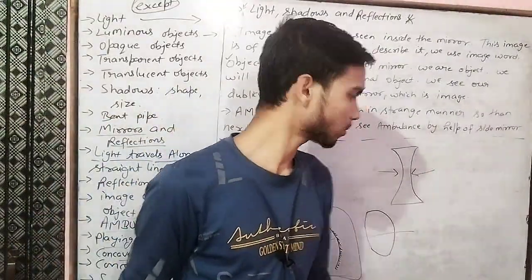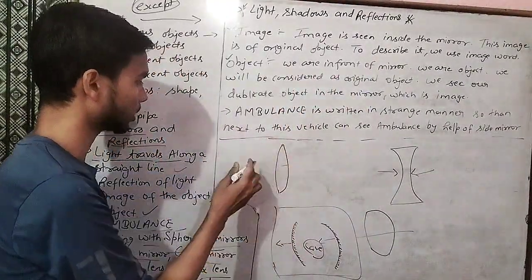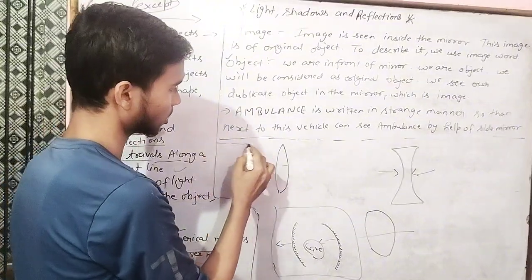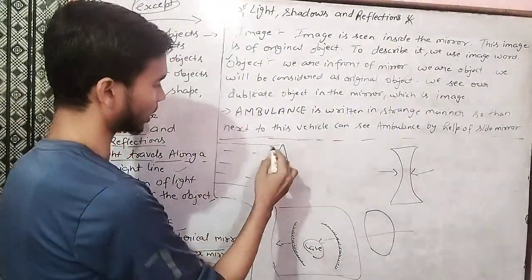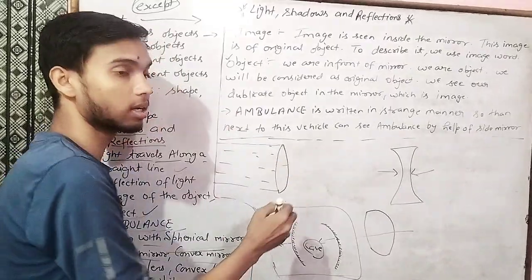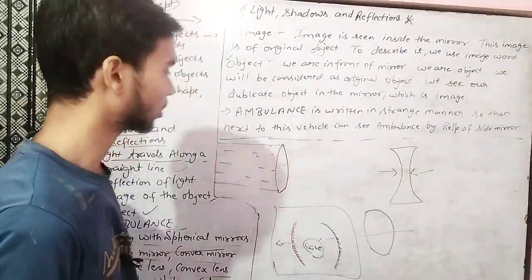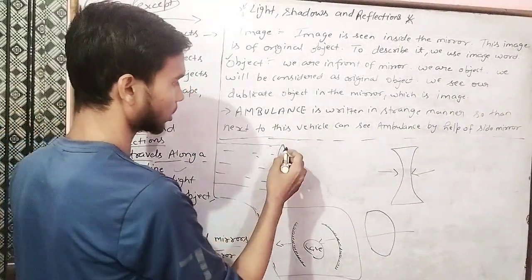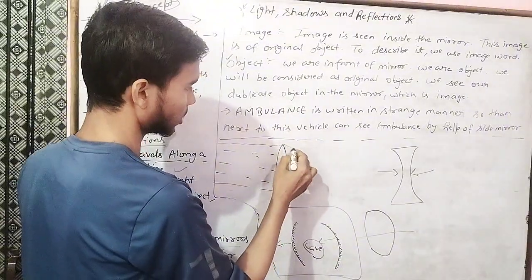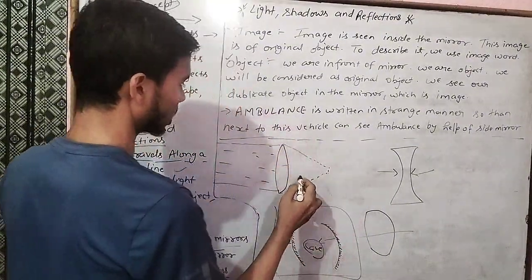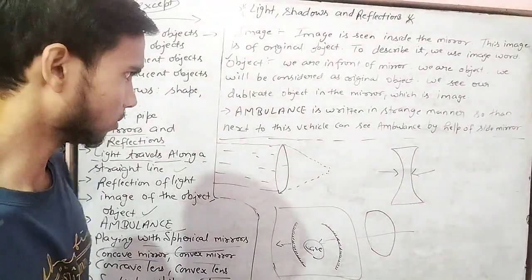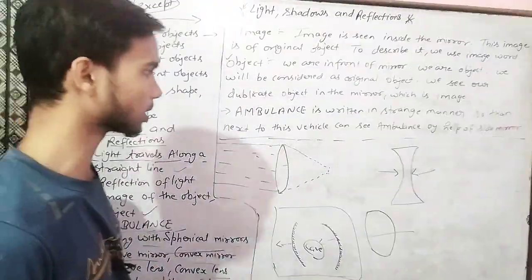For the convex lens, light is falling like this. Now it will converge at a point like this. That's why it is said to be a converging lens.